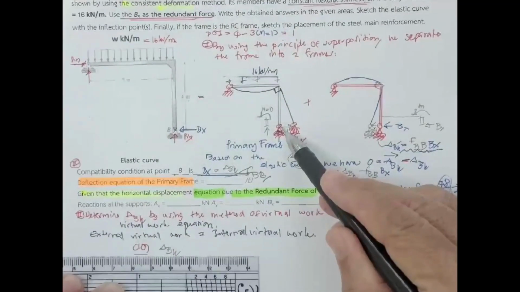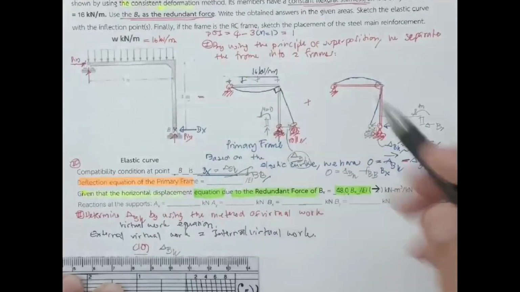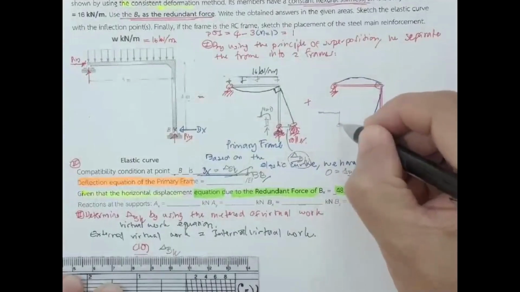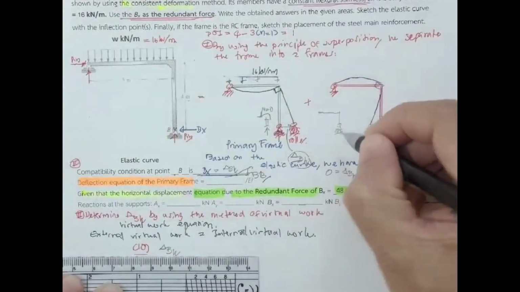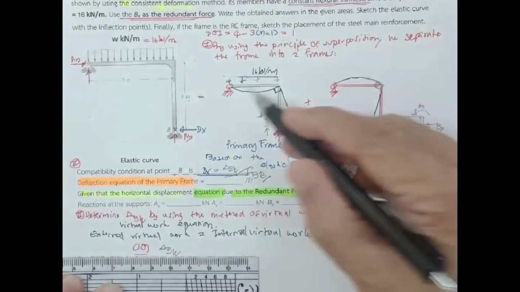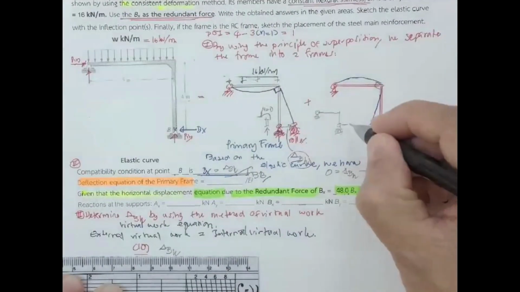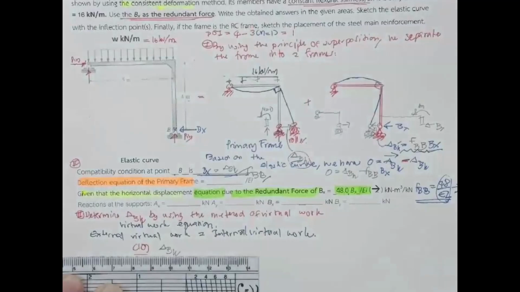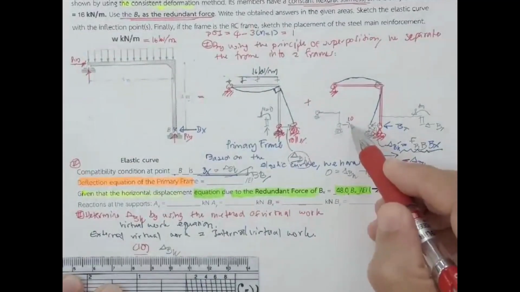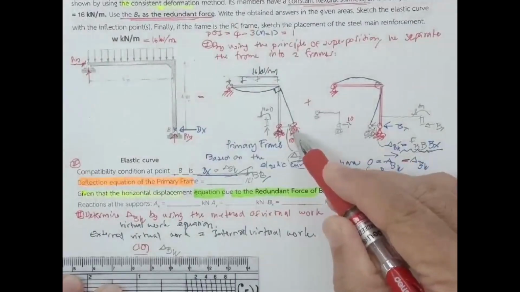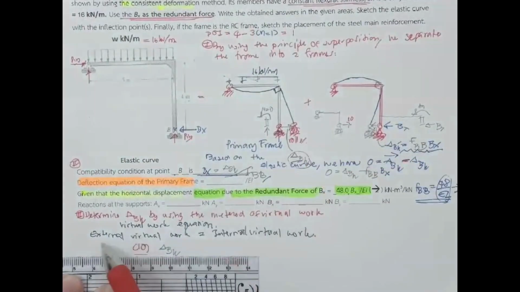That means we're going to have another frame with the same support, subjected to the 1.0 virtual unit load times the real displacement. We call it external virtual work.